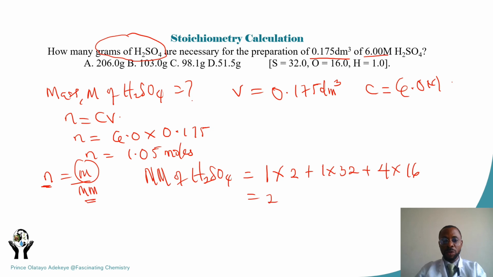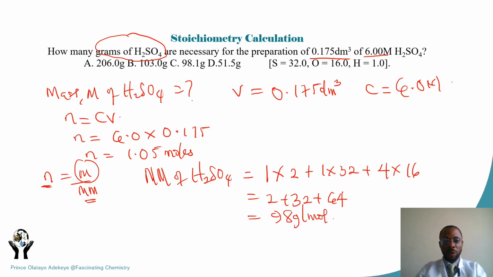That gives us 2 plus 32 plus 16 times 4, which is 64. When you add this together, you are going to have 98 gram per mole as the molar mass of H2SO4.